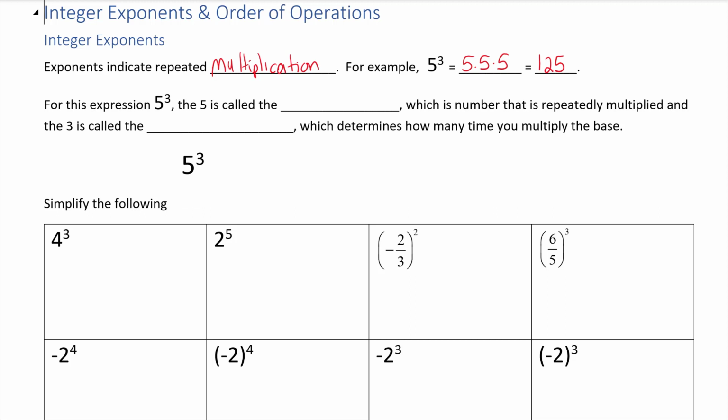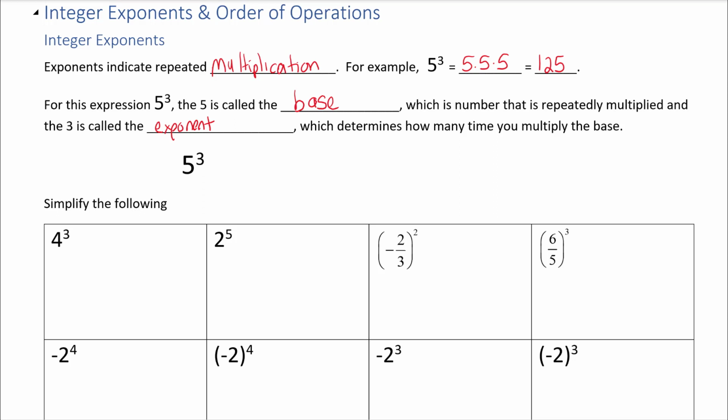Now for this expression 5 cubed, the 5 is called the base, and that's the number that you repeatedly multiply. And the 3 is called the exponent, and that determines how many times you actually multiply the base.